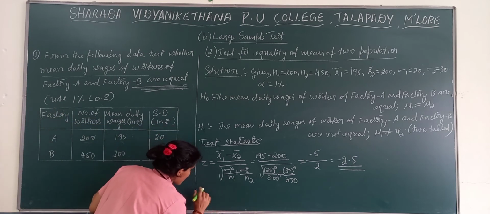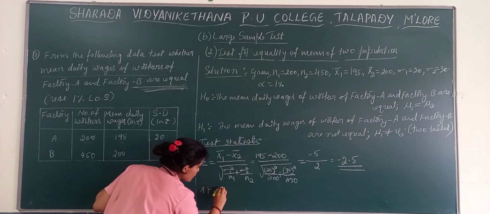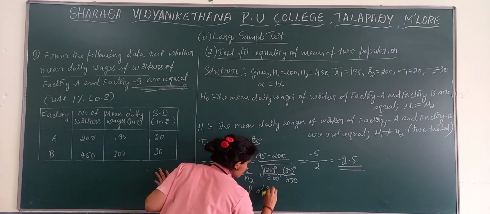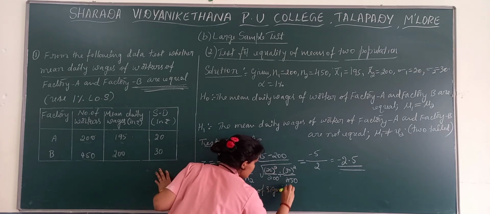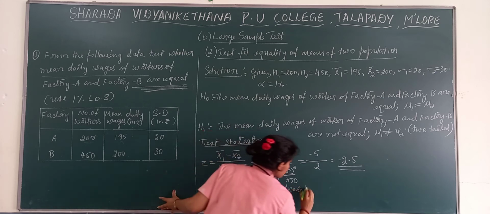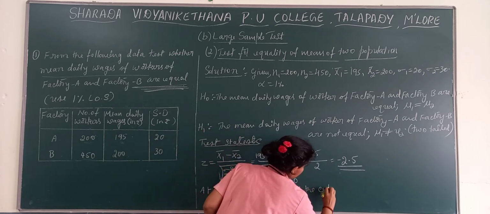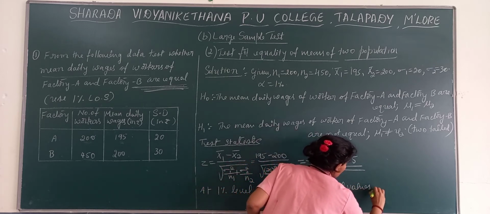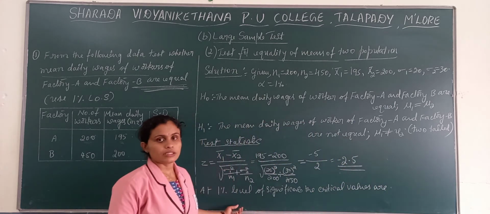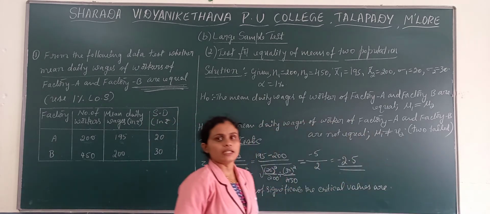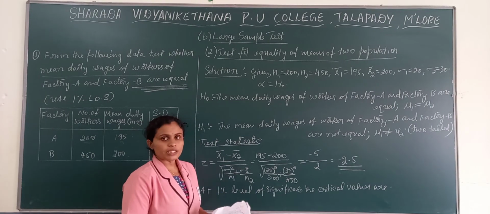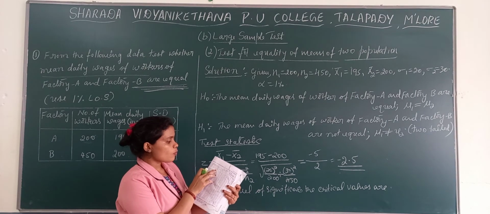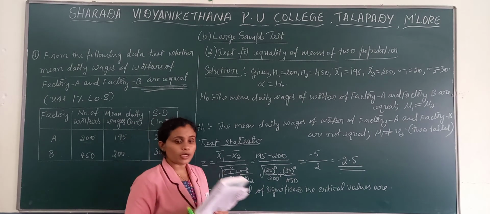So at 1% level of significance, the critical value you will get is 2.58.